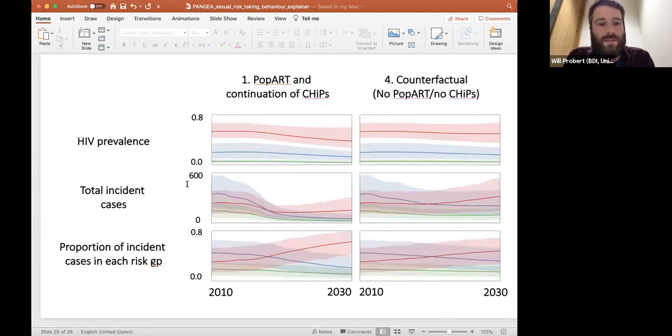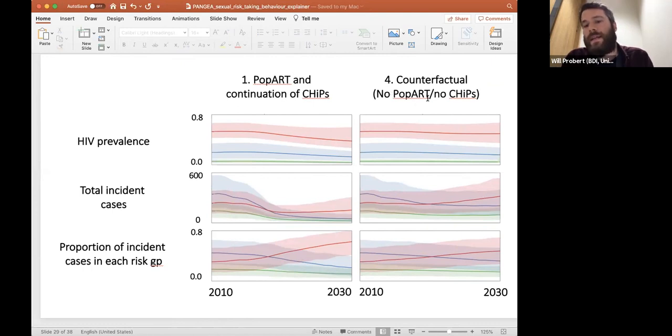These are three different figures, three different measures. Along the x-axis is time, from 2010 to 2030. The left-hand column panel is the first intervention that I was talking about, the simulation of the Popheart trial and then continuation of a CHIPS intervention.